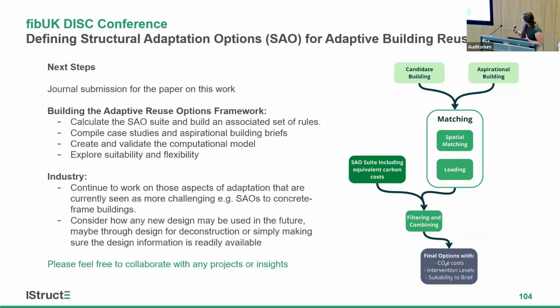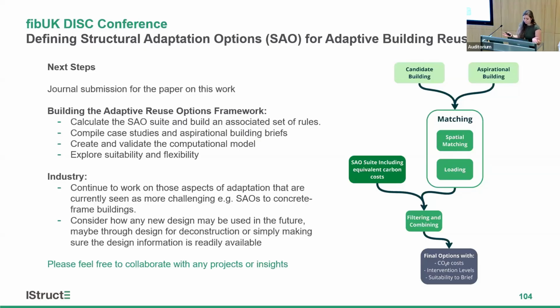In terms of what happens now, I'm going to be, or have been, putting together a set of associated rules that I can put into the computational model, along with case studies for existing buildings and a set of aspirational building briefs. So then I can validate the computational model and continue to explore the suitability and flexibility.